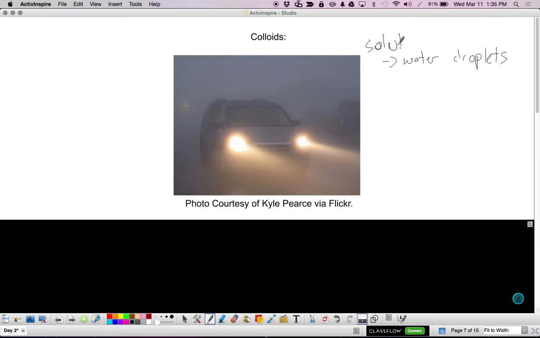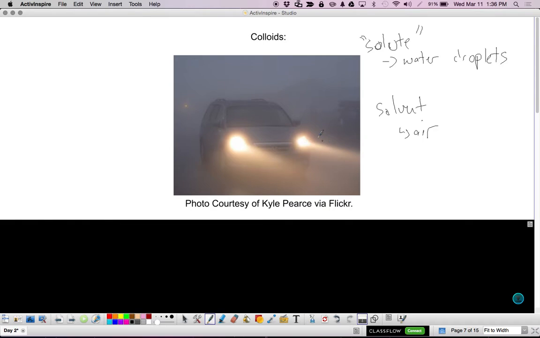We don't really use these terms for colloids, but your solvent would be the air. And you've all seen this. If it's very foggy out, you'll see cars driving down, and you can see the headlights.